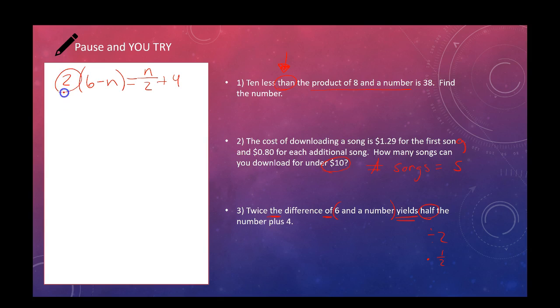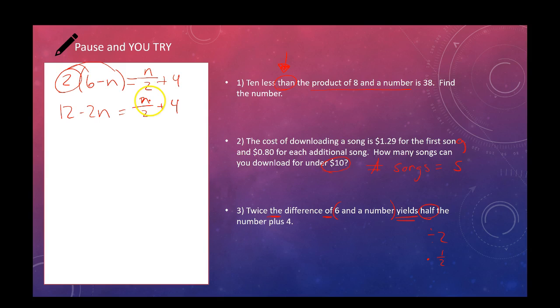Okay, so let's distribute this first. Get 12 minus 2n equals what I had. All right, now let's shuffle some things around first here. You could have solved this a few different ways.